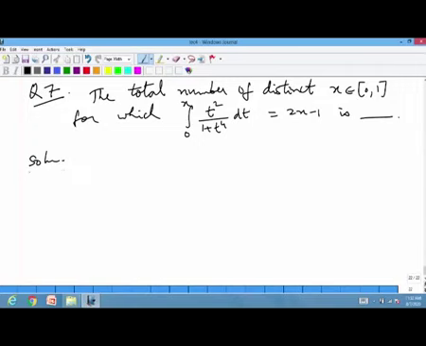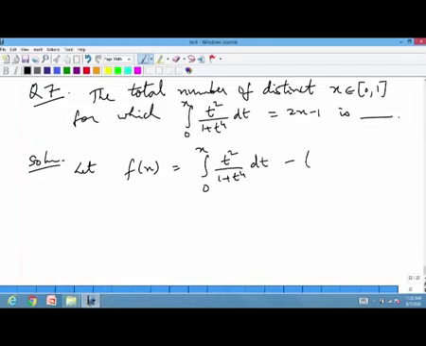So, let us write f(x) equal to the integral of 0 to x of t squared by 1 plus t to the 4 dt minus (2x minus 1), for x belonging to [0, 1].